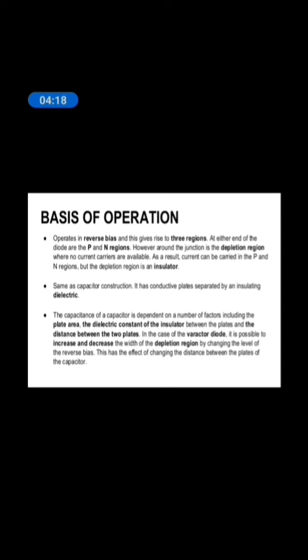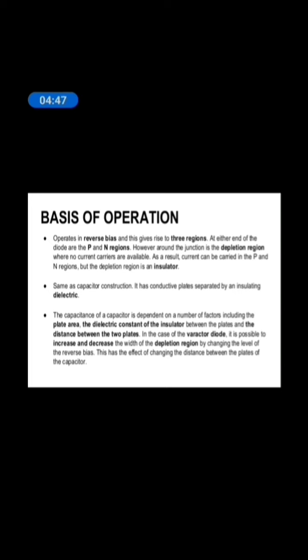If we increase the reverse bias voltage, then the width of the depletion region also increases, and if we decrease the reverse bias voltage, then the width of the depletion region also decreases.